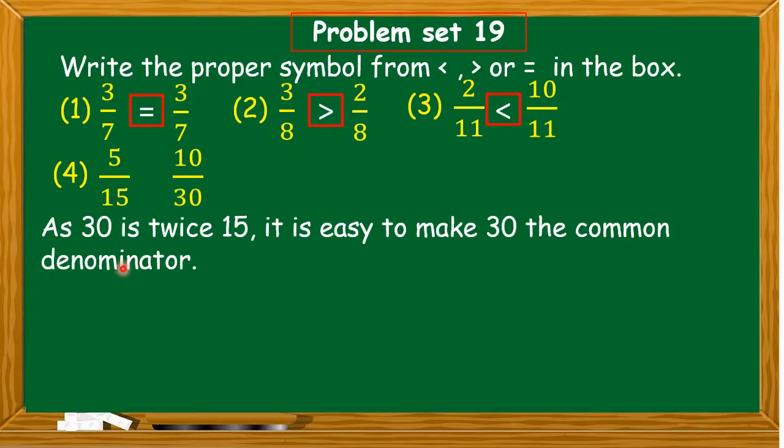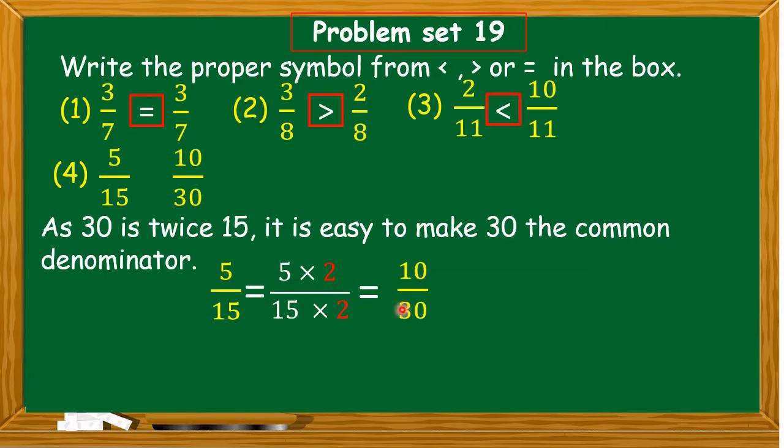As you can see, the denominator 30 is twice 15. So, it is easy to make 30 the common denominator. For that, we need to multiply the first fraction 5 upon 15 by 2. Hence, we get 5 into 2 upon 15 into 2, which is equal to 10 upon 30.